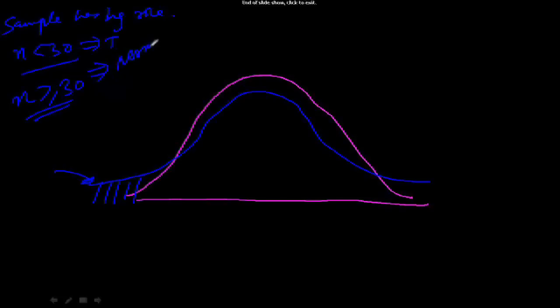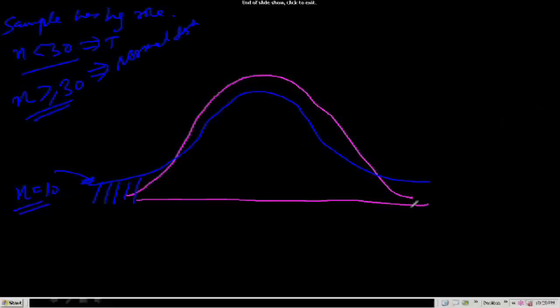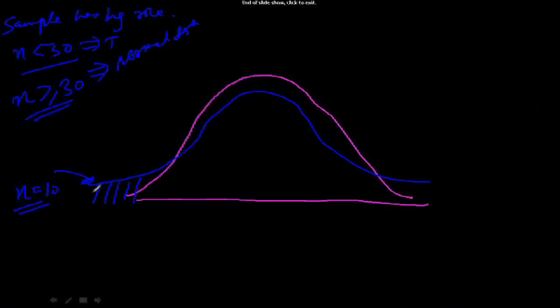So in a T distribution, let's say the blue one is n equal to 10. Let's say we take another distribution, the orange one. The orange one has a height which is more than the blue one, and the fatness of the tail is lower.